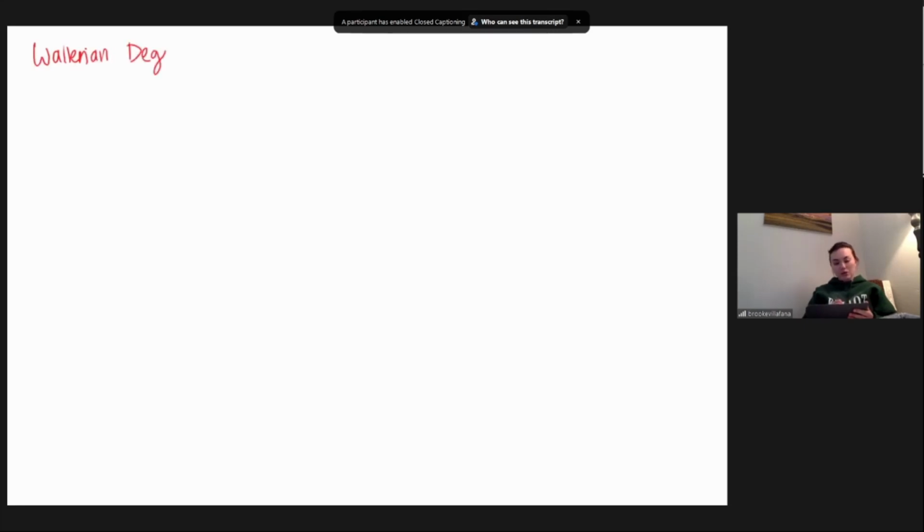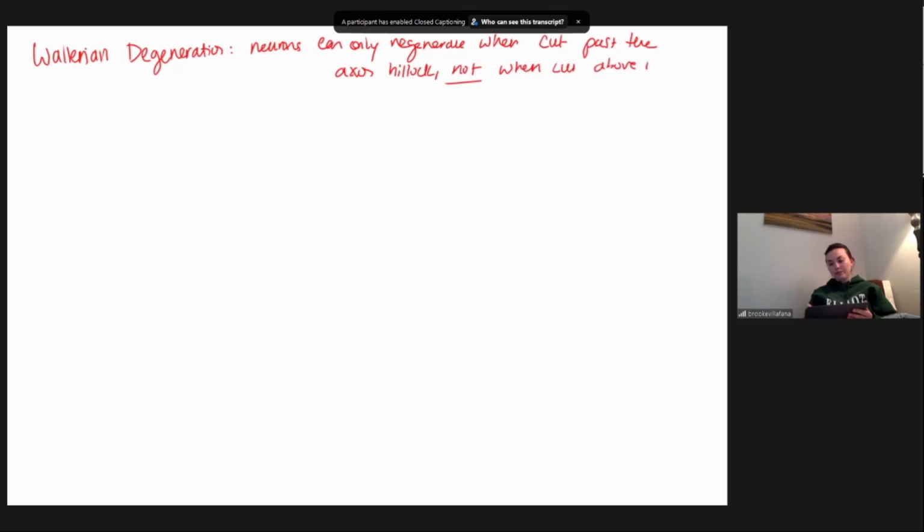If you see a test question on this, Wallerian degeneration is the fact that neurons can only regenerate when cut past the axon hillock, not when cut above it. Okay, so if my neuron is cut right here, it will die, versus if it's cut below, it will live.